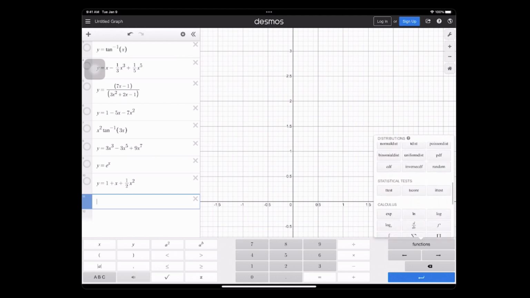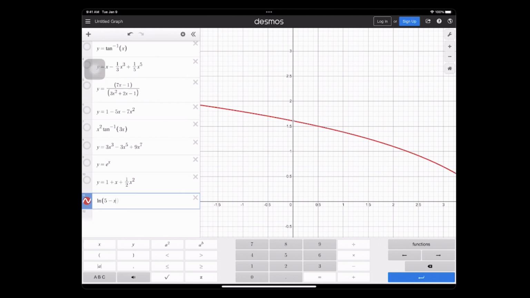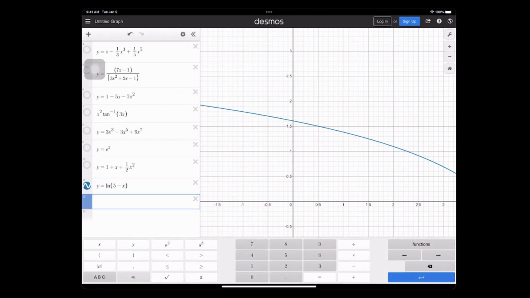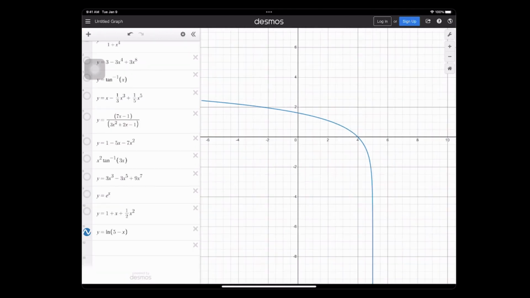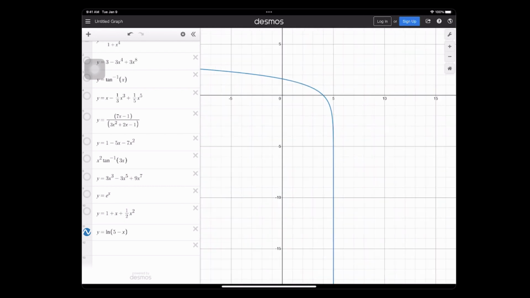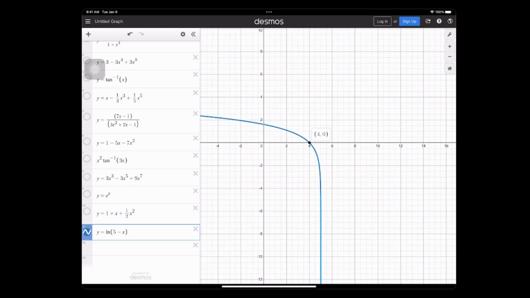Where's your natural log? Darn it. Where's y? Okay. So here's this curve they're talking about, natural log of 5 minus x. Now you might say, well, what's going on around that number 4? Isn't that the center of your interval of convergence, right?